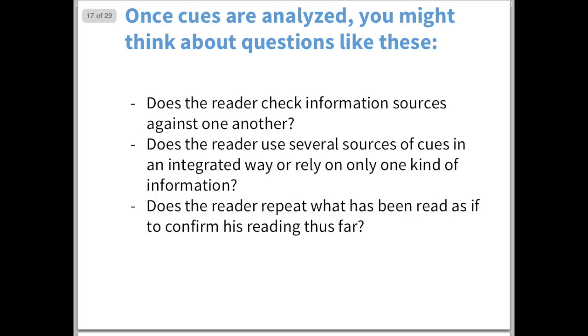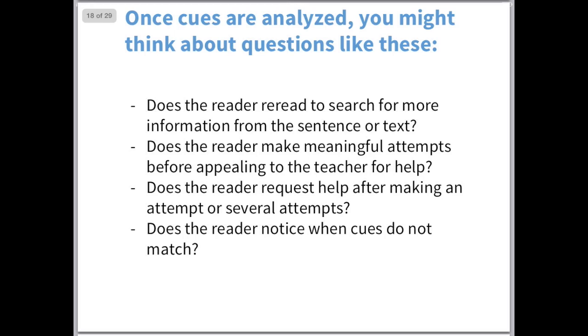Does the reader check information sources against one another? Does the reader use several sources of cues in an integrated way or rely on only one kind of information? Does the reader repeat what has been read as if to confirm his reading thus far? Does the reader reread to search for more information from the sentence or text?